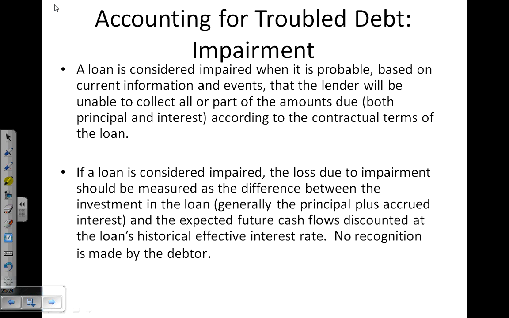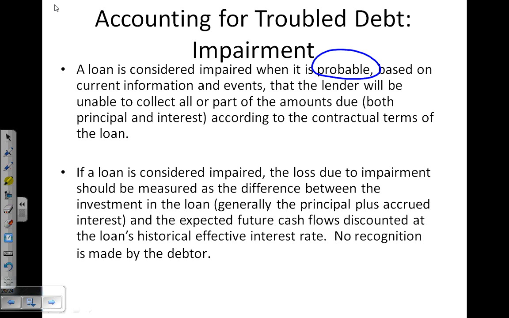And the key here is that a loan receivable is considered impaired when it is probable, based on current information and events, that the lender will be unable to collect all or part of the amounts due, whether it's principal or interest, according to the contractual terms of the loan. If the loan is considered impaired, how do you calculate the loss?